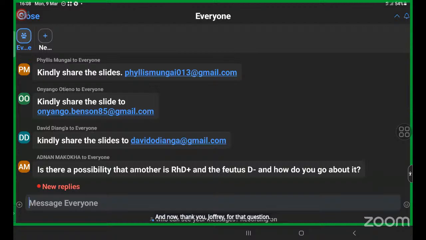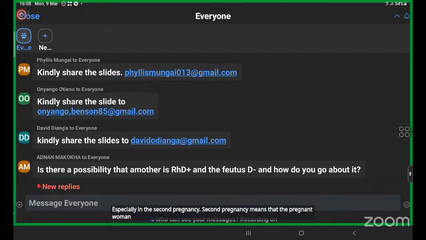The KB test is usually done especially in the second pregnancy. Second pregnancy means that the pregnant woman was sensitized earlier, in the first pregnancy.